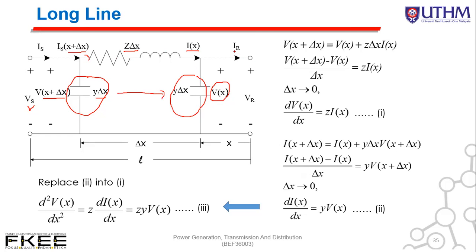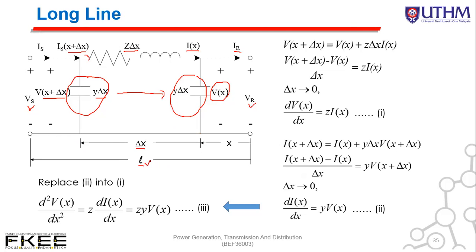And the current at the receiving end is IR. Delta x is nothing but the difference between the first constant that we give after the sending end and before the receiving end. L is nothing but the transmission distance.